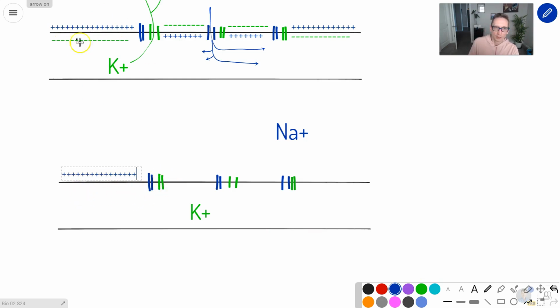Now over here it's the exact same. So it's positive, positive, negative, negative. When this reaches there on both sides, it's going to close this sodium channel. When the negative membrane potential is reestablished on both sides of the potassium channel, it'll close the potassium channel. This one would be negative on the outside.